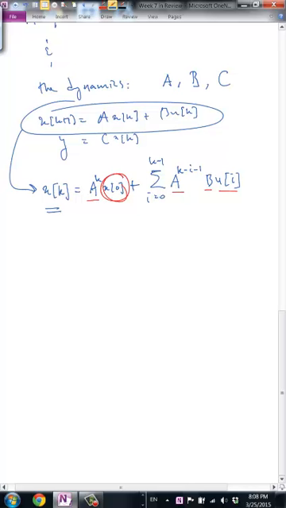So now all we need to do is write down equations for x of 0. At time 0, we know that y of 0 is equal to C x of 0. That's one equation. We know C, and we get to observe y of 0.